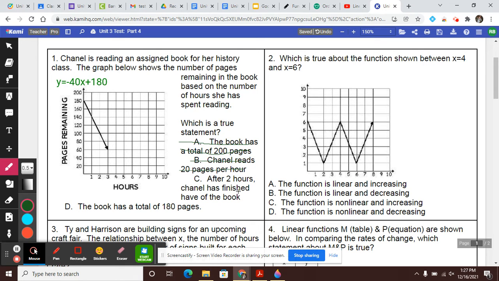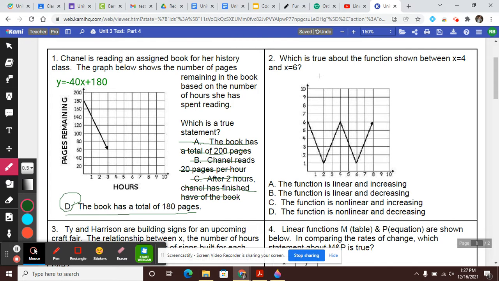It says after 2 hours, she's finished half of the book. Well, in 2 hours she would have read 80 pages, and that's less than half. She would have had to read 90 pages. We know that's not true. The last one says the book has a total of 180 pages. Because that's our y-intercept, that's what she starts with, we know that D has to be our answer.